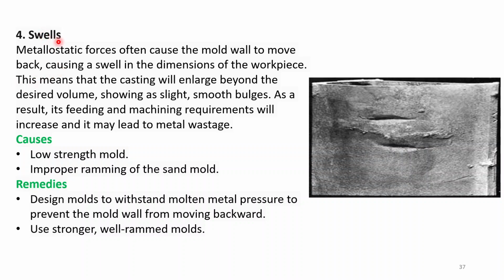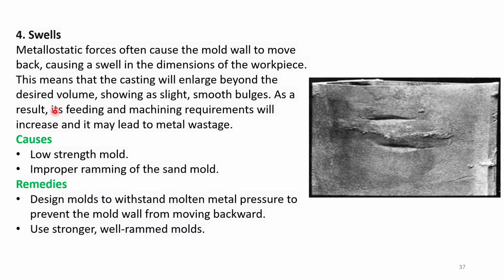Next is swells. This occurs due to metallostatic forces, which cause the mold wall to move back, causing a swell in the dimensions of the workpiece. This means that the casting will enlarge beyond the desired volume, showing as slight smooth bulges.